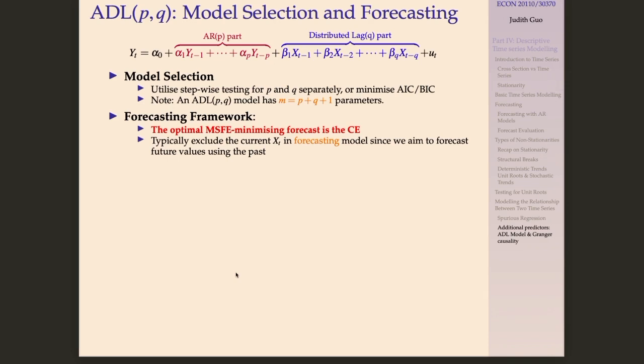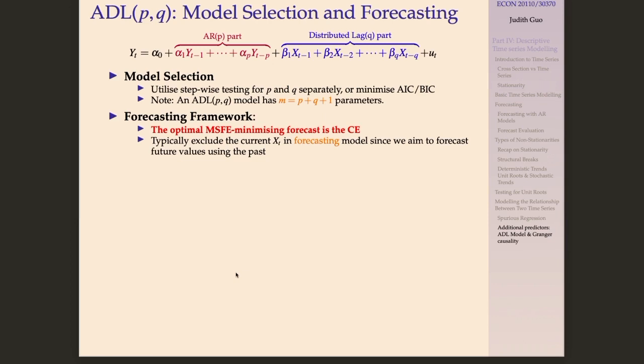It's just that the functional form of the conditional expectation depends on the model we use to describe Y. If we describe Y using an AR model, then the conditional expectation will take the form that adheres to an AR structure. If we model Y using an ADL model, then the conditional expectation will adhere to an ADL structure.